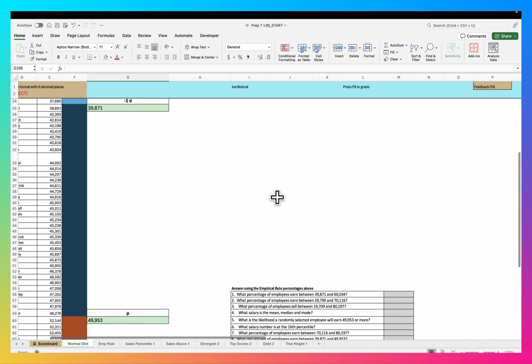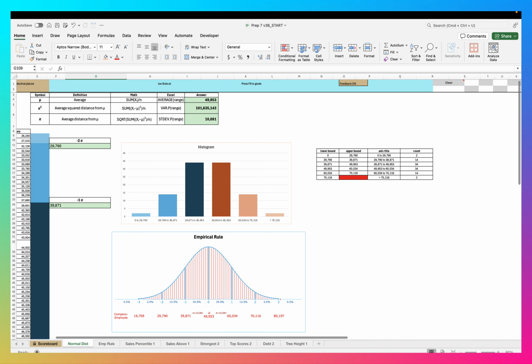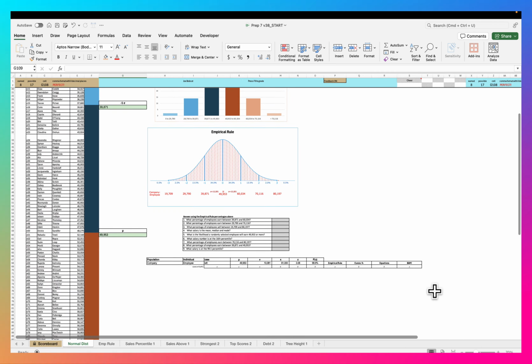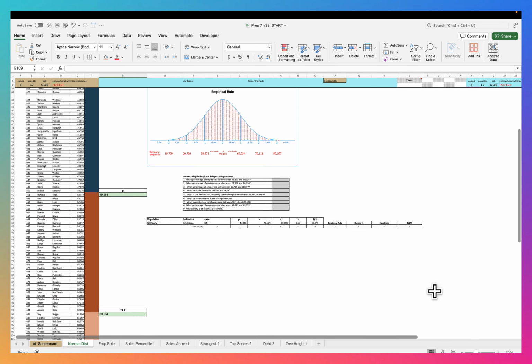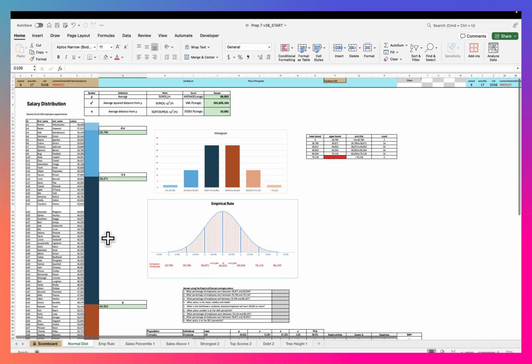All right, so if I zoom out a bit, you can see what's going on here. And you'll notice that the number of employees that fall into each group changes. When we're close to the mean, a lot of employees fall within one standard deviation of the mean.